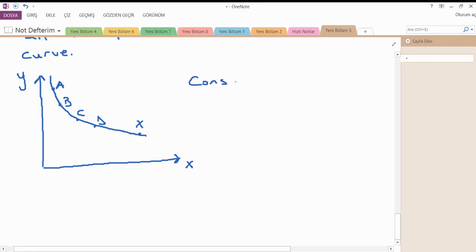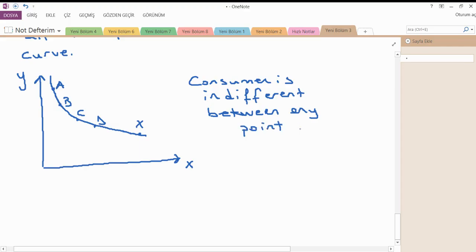The consumer is indifferent between any point on the indifference curve.